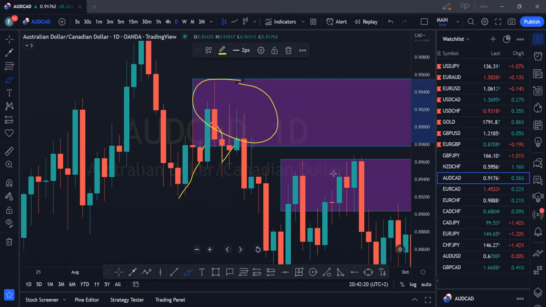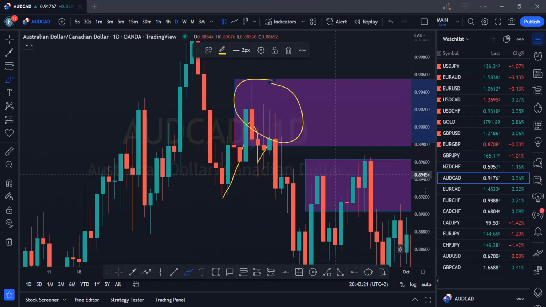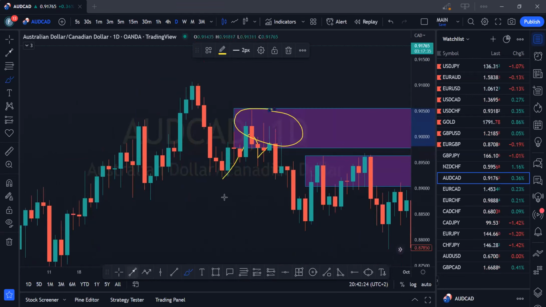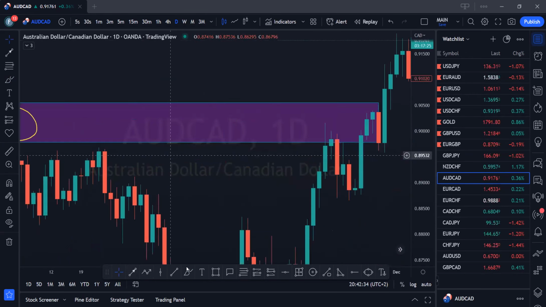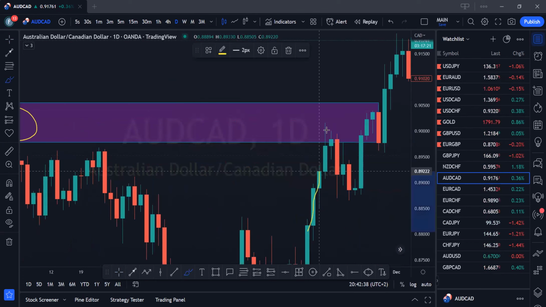So the next time that price comes up here, let's see in the future, if price should come up into this zone, are we going to see a reaction? You can see the next time that price came to this zone was with this move here, and then we saw a bit of reaction to the downside.